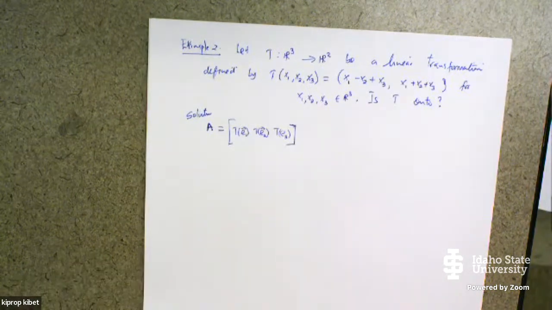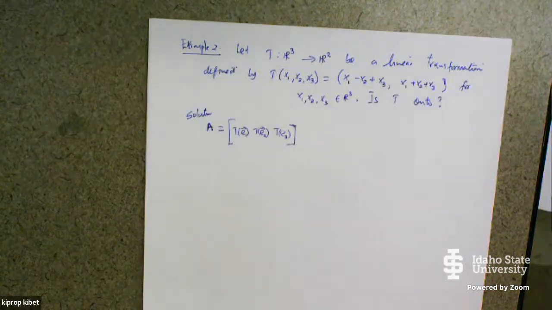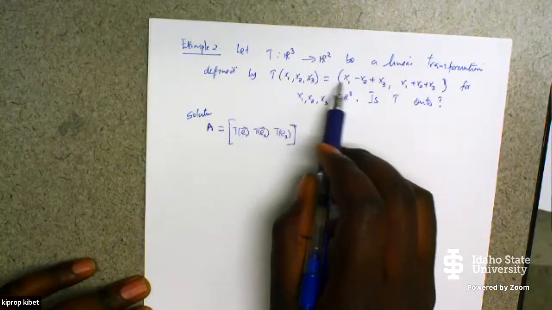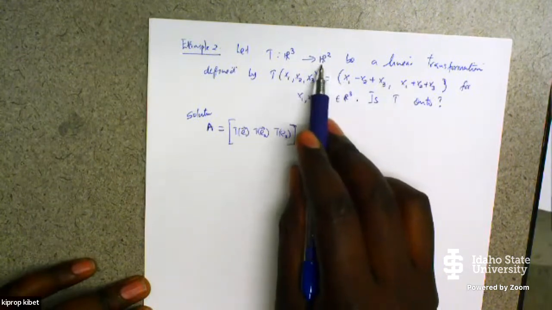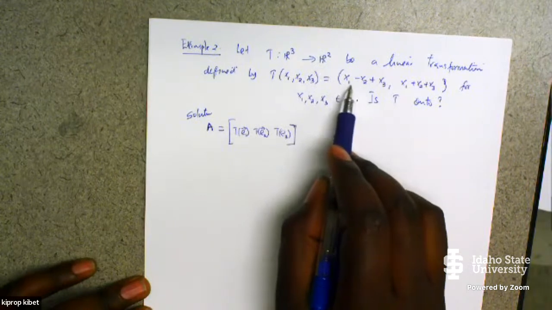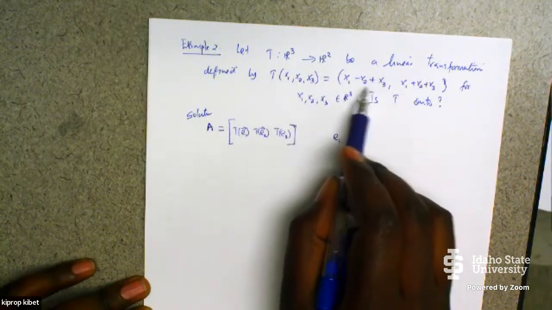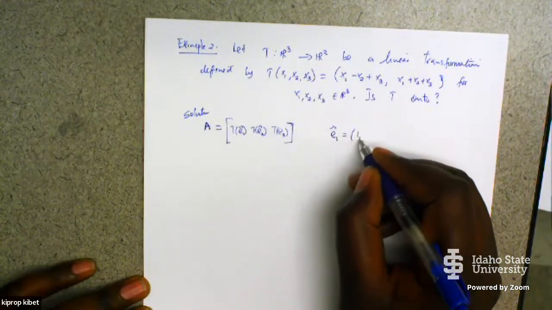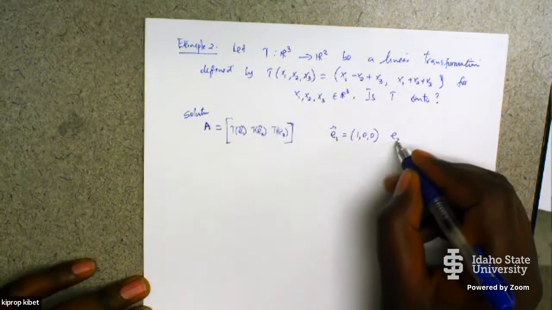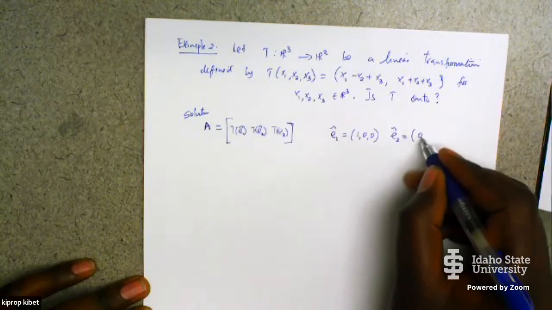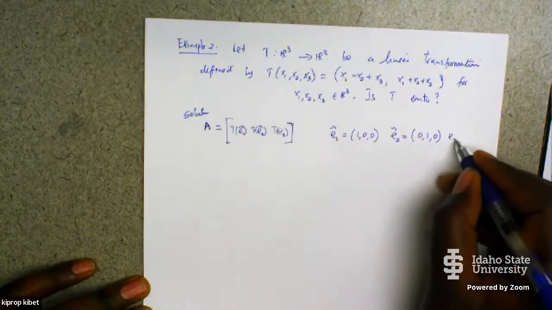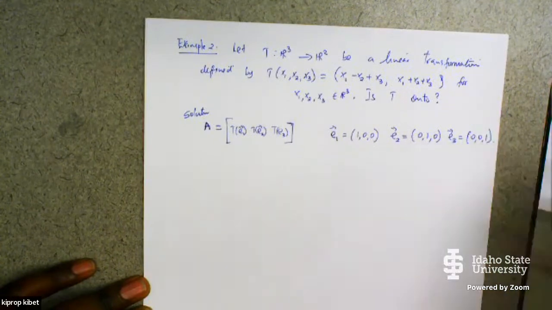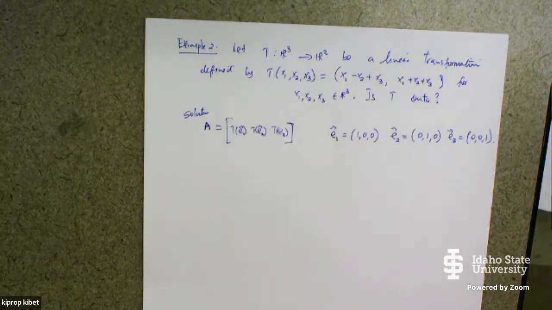Now, we know that E1 in our case is, since it has three components, 1, 0, 0. E2 will be 0, 1, 0. And then E3 would be 0, 0, and 1.